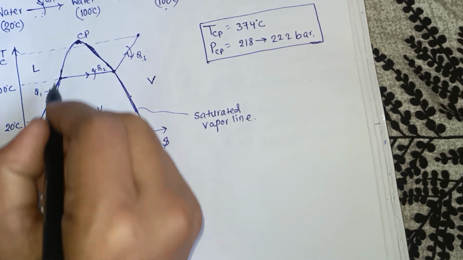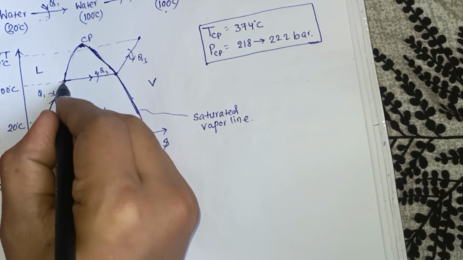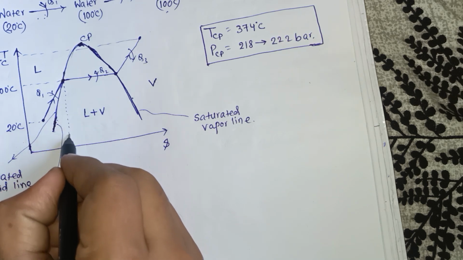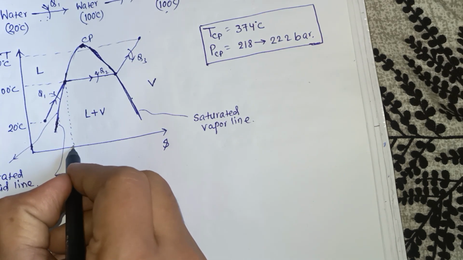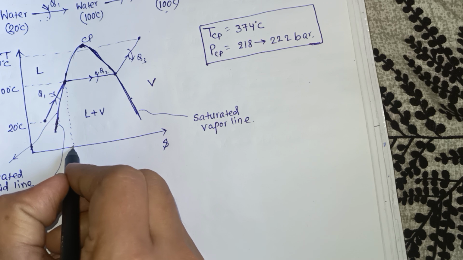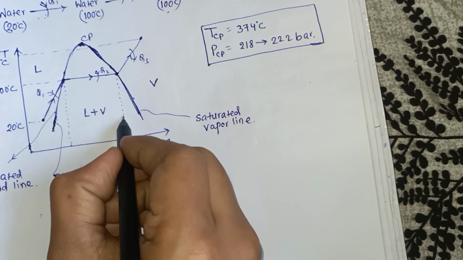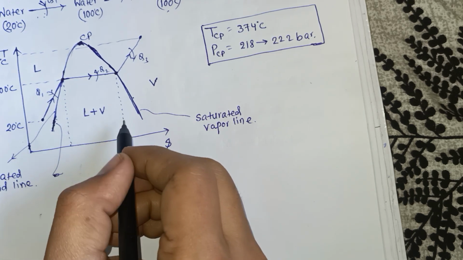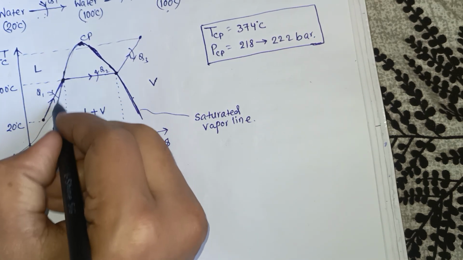Here, this is the saturated liquid line. With respect to this point there are some properties, and you can find these properties by using the steam table.